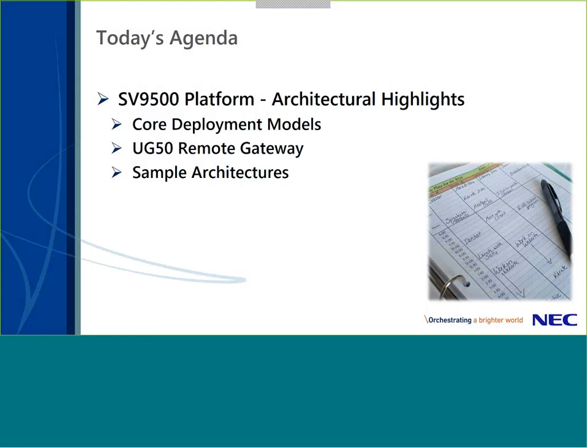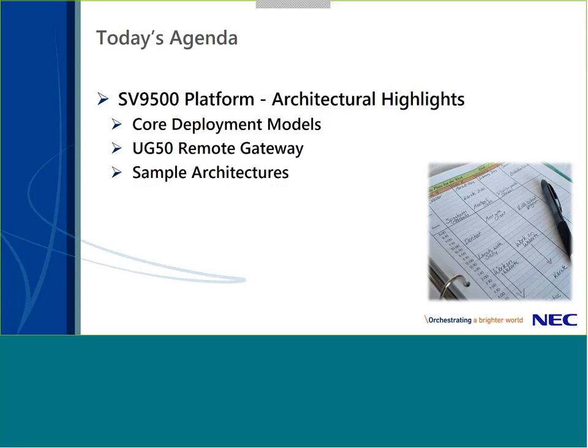As I mentioned, we're really going to focus today on the architectural highlights of the 9500. Traditionally in the history of PBX technology, when a manufacturer comes out with a new release or a new revision, it's typically all about something like a faster CPU or 50 new features that have been added to the PBX.